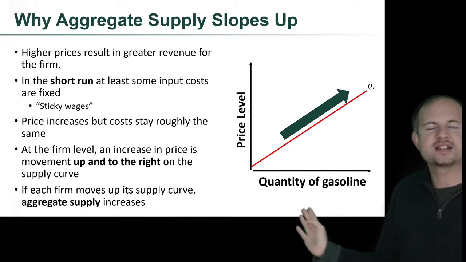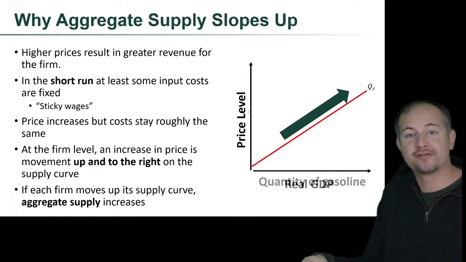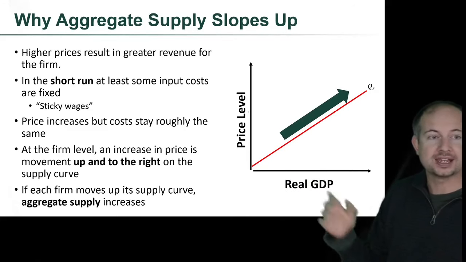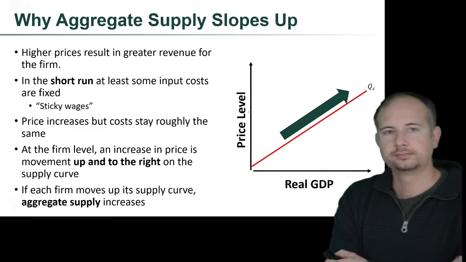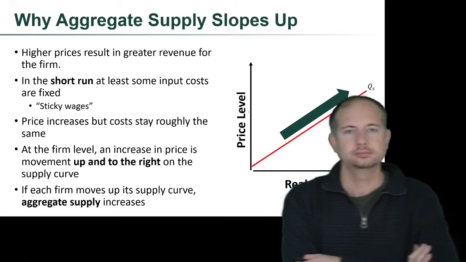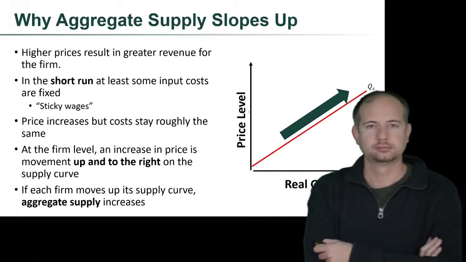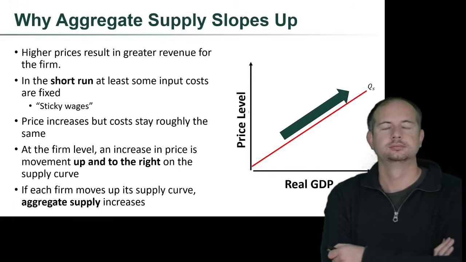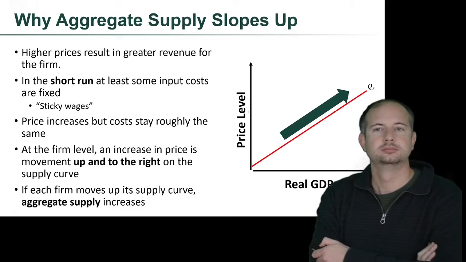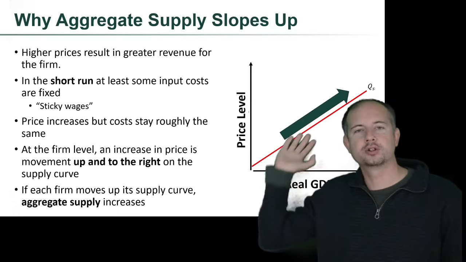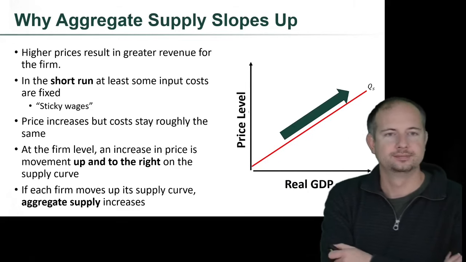Replace the quantity of gasoline with the quantity of everything, so real GDP. So now we see an upward sloping aggregate supply curve.